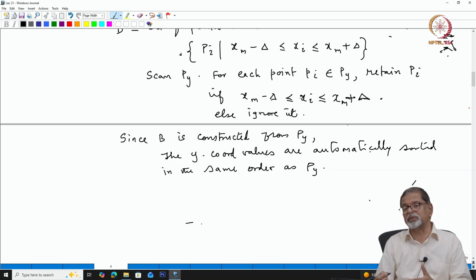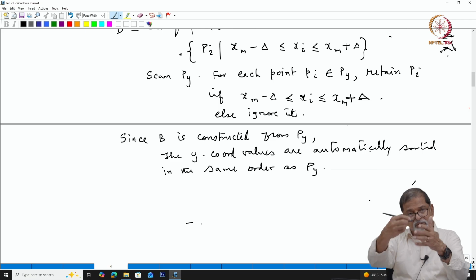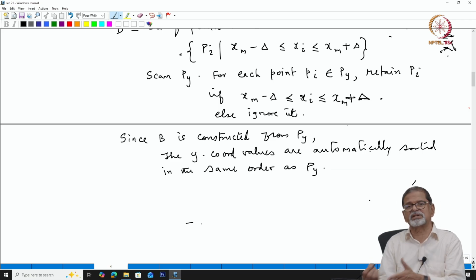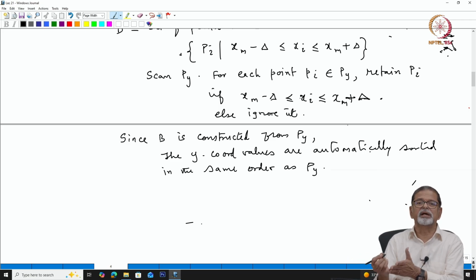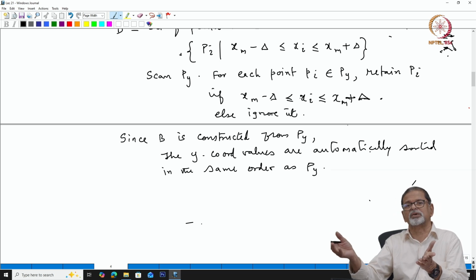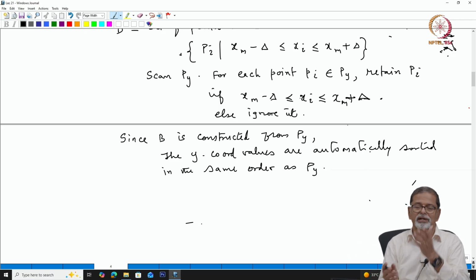You are constructing from Py, therefore B will also have the same property. From Py, you are knocking out some points and you got B. So if Py is sorted according to y value, B will also be sorted in y value.